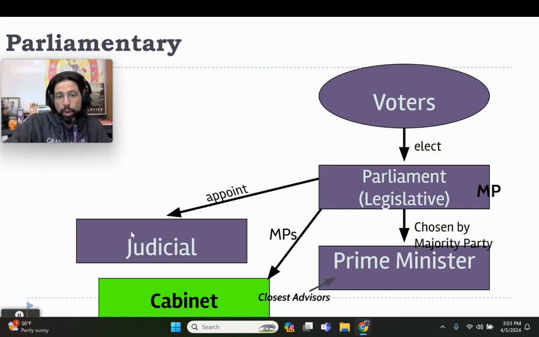Then they also appoint the judicial branch, whatever that is, in the Supreme Court in the United Kingdom. Remember that the cabinet is actually made up of members of the parliament, the legislative branch, the MPs, and those are the MPs that advise the prime minister. The prime minister basically can get removed pretty quickly with a vote of no confidence or a party leadership vote.